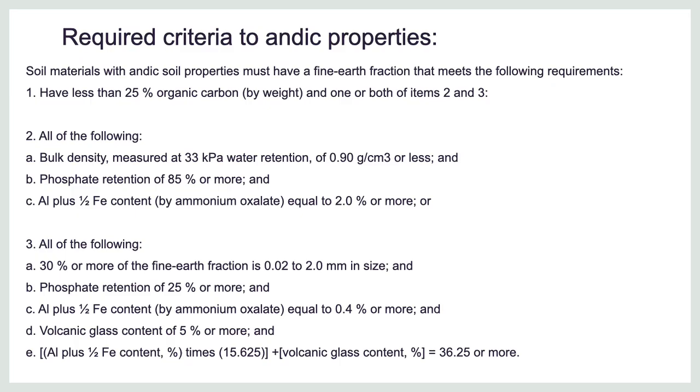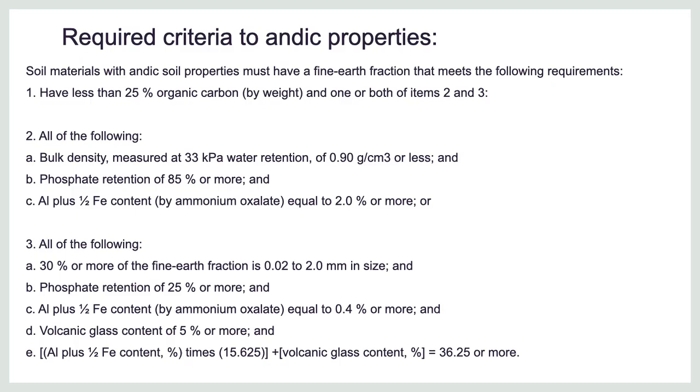So for example, let's think that I can prepare a solution with 60 milligrams per liter of phosphate, and I put some soil inside this solution. I mix them and keep them in contact for a few hours, and after that I filter this solution, and then I measure the phosphate that's still in the solution, and by the difference I can measure the phosphate retention.